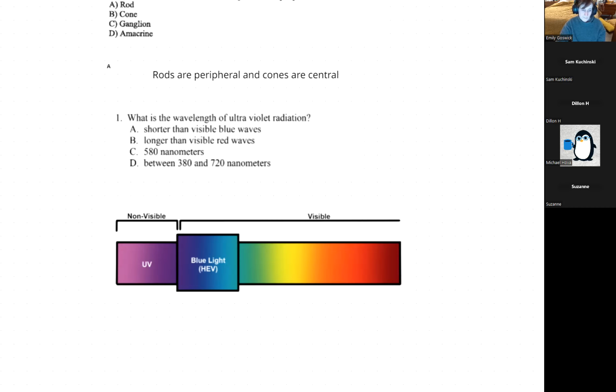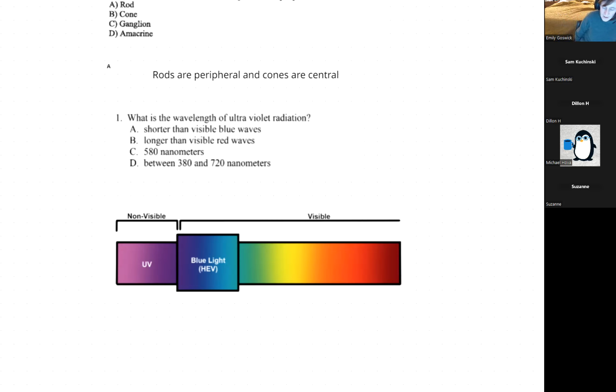So the answer to this, just to tell you, is A. Okay, so it's going to be shorter than the visible blue waves. Now, remember that high energy visible light is going to be like here.